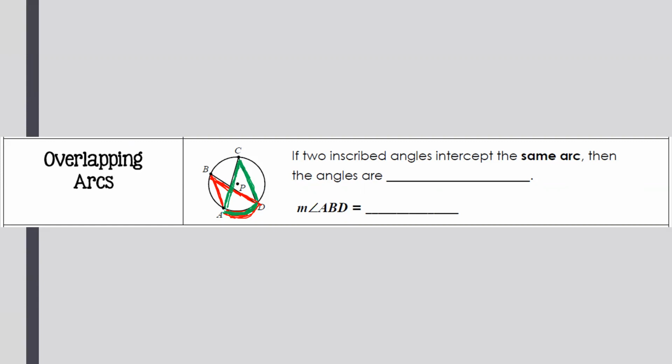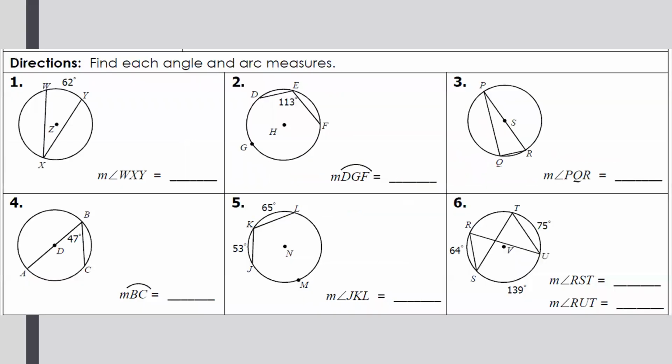See how my red angle and my green angle are intercepting the same arc? Then that means that those angles are congruent because they're intercepting the same arc. And the measure of angle ABD will have to be congruent or equal to the measure of angle ACD because they're intercepting the same arc. So let's use those ideas to solve some of these examples.